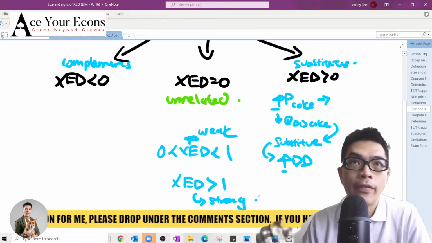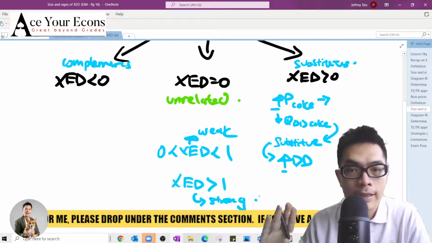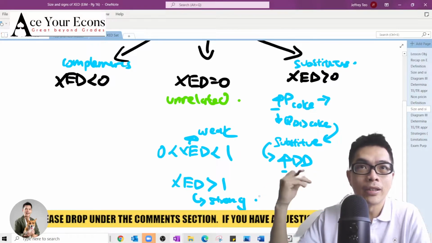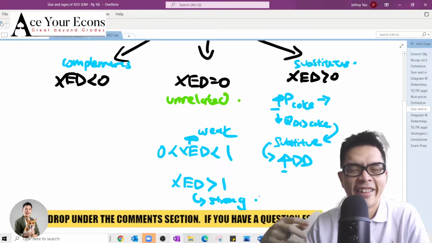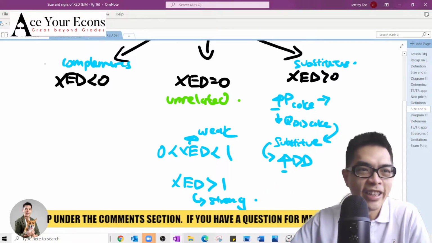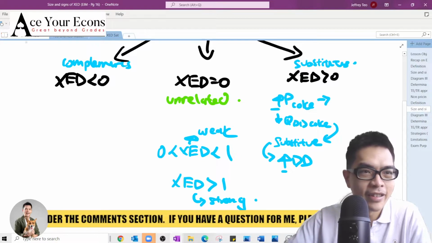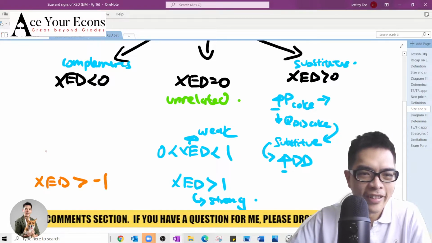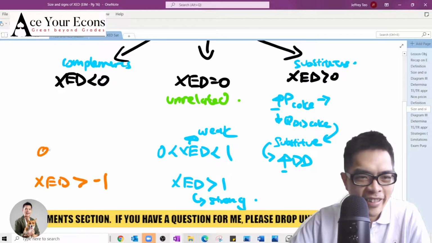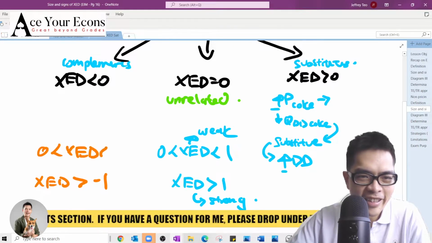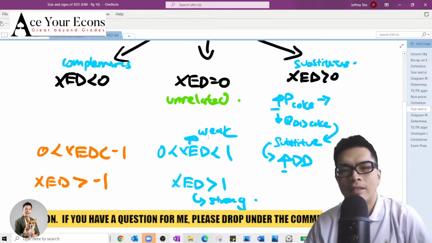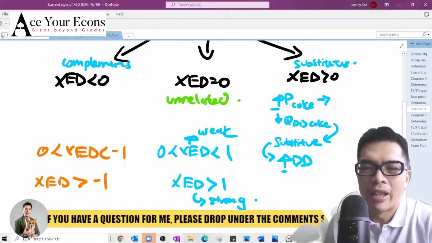We can use the same for complements. It's exactly the same approach, just that complements is a little bit funny because it goes into the negative range. So the signs that you see are going to be a little bit weird like this. But most of the time they play around with substitutes more.